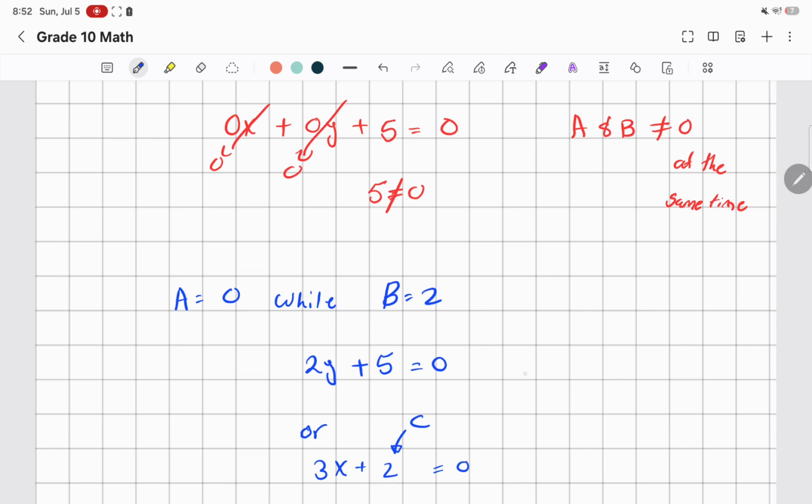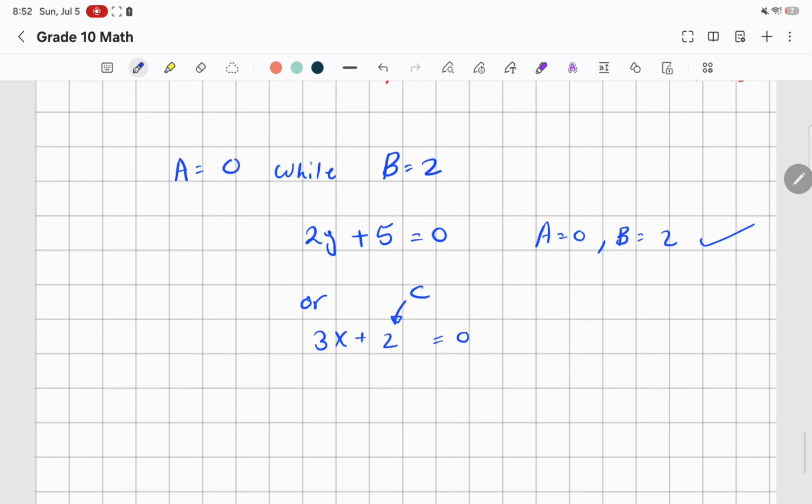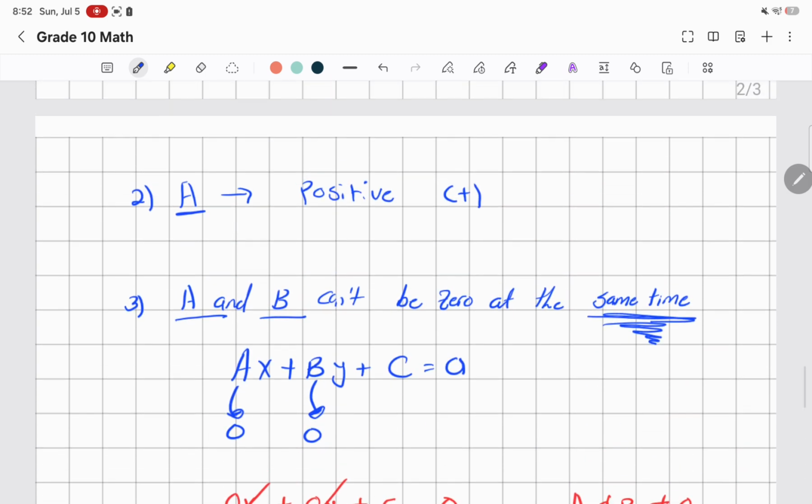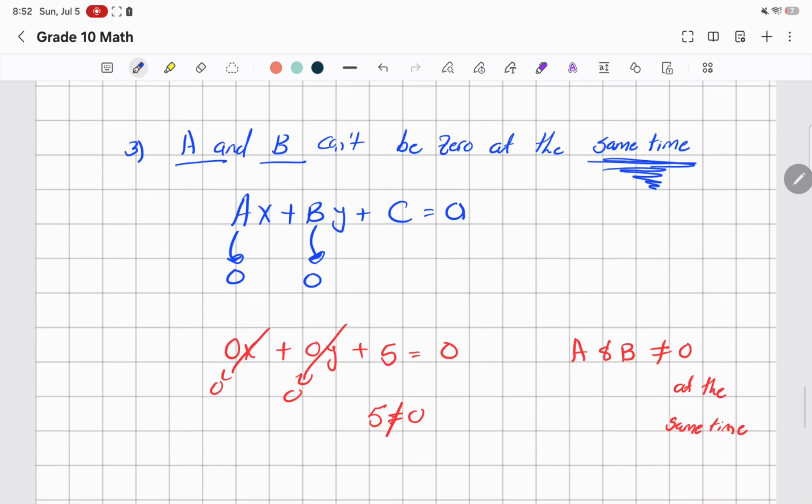So in the first case, a was 0 and b equaled 2. That's acceptable. In the second case, a was 3 and b equaled 0. That's acceptable. But you can't have both a and b as zeros at the same time.